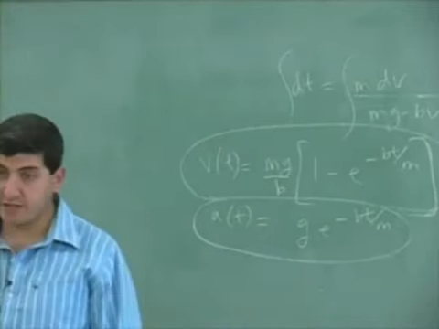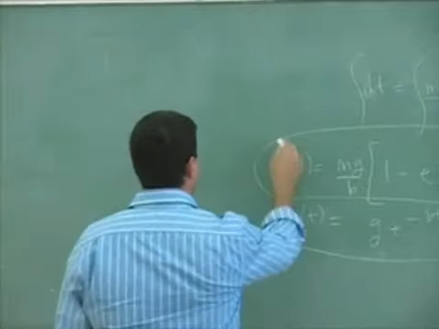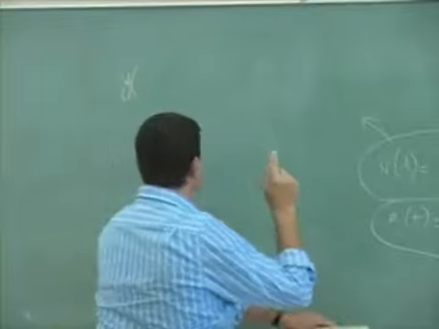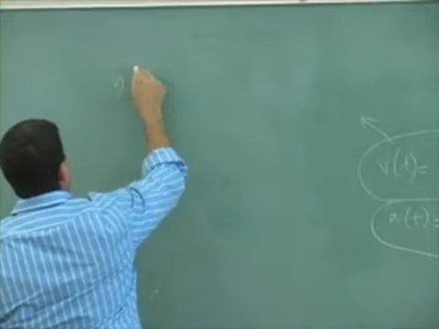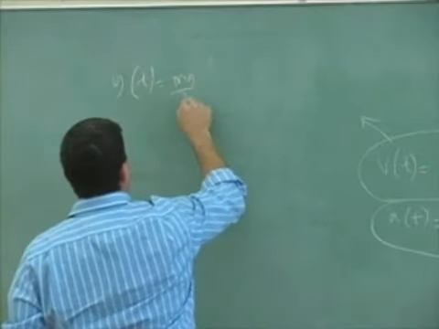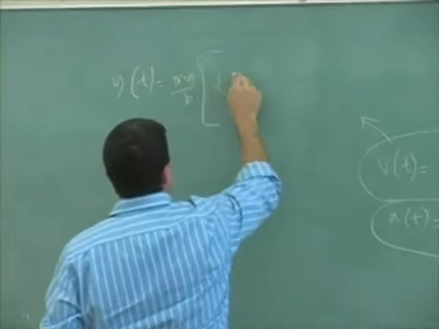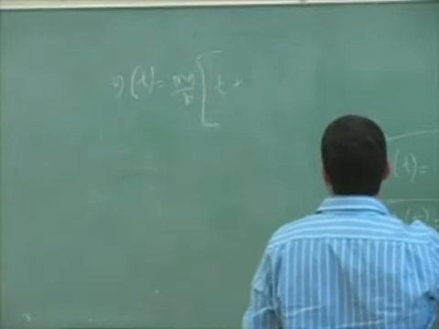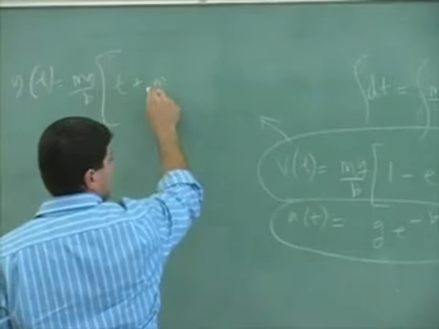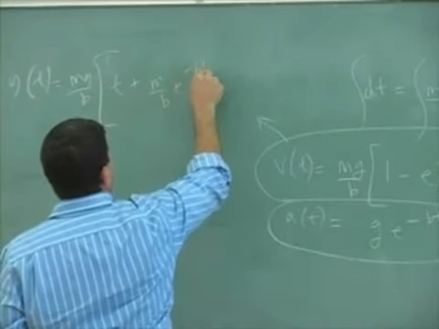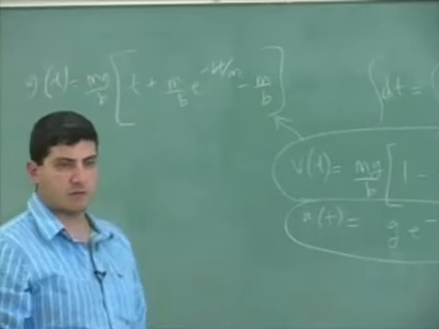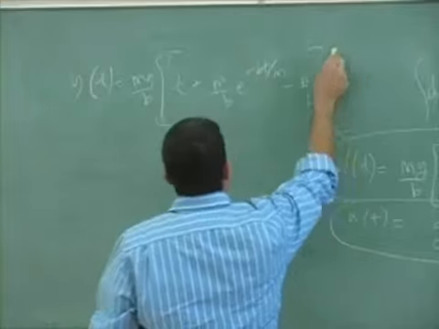And then when you integrate it, you're going to end up with the integral of 1 is t. The integral of this, it's going to come out as reciprocated. Minus m over b. It's going to come out like this.